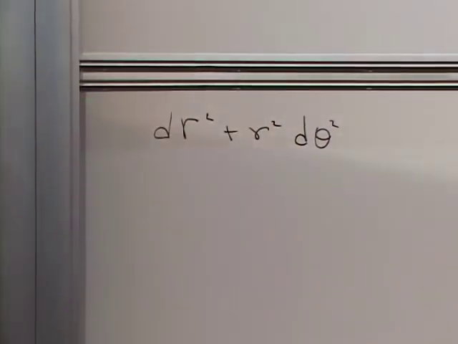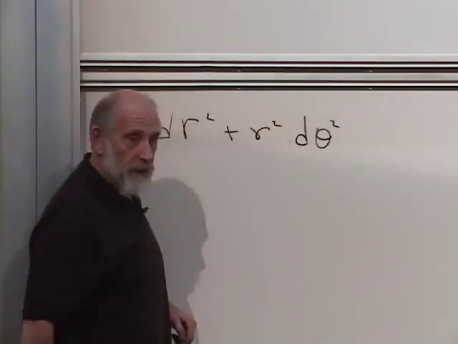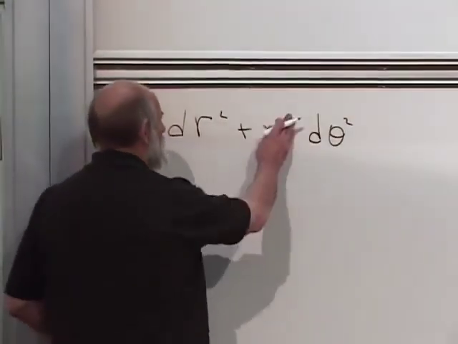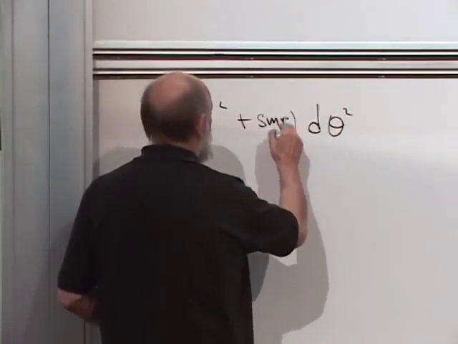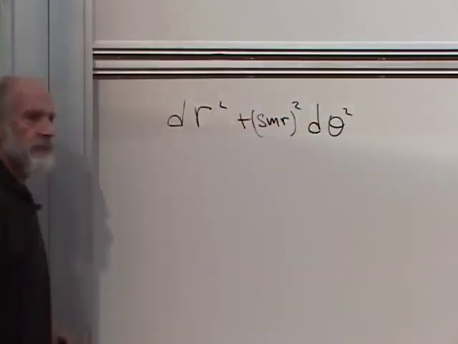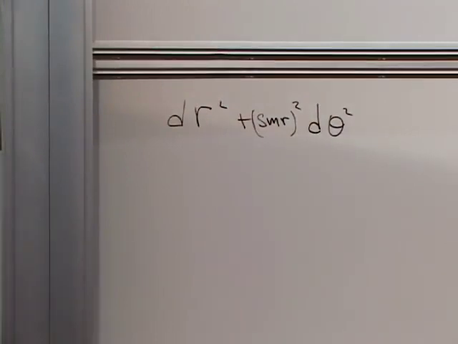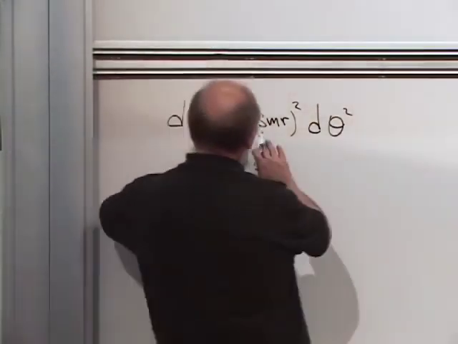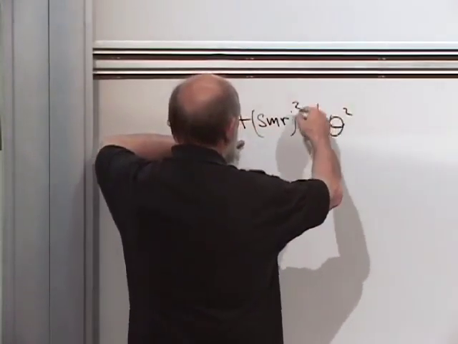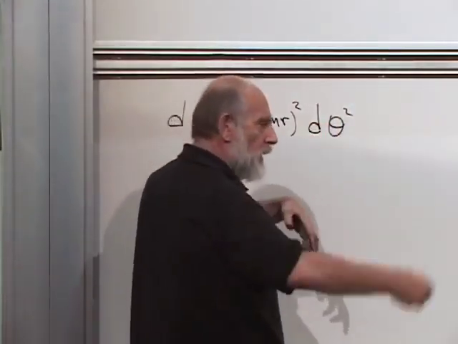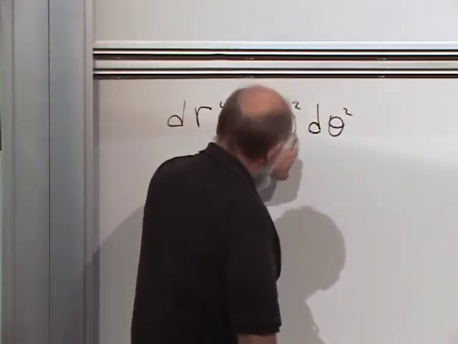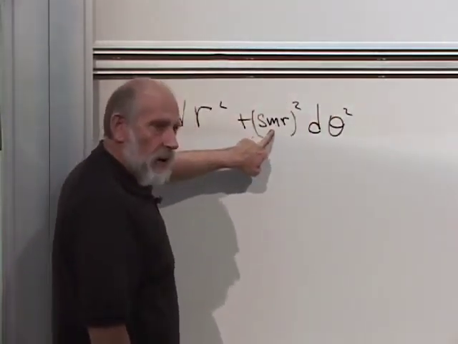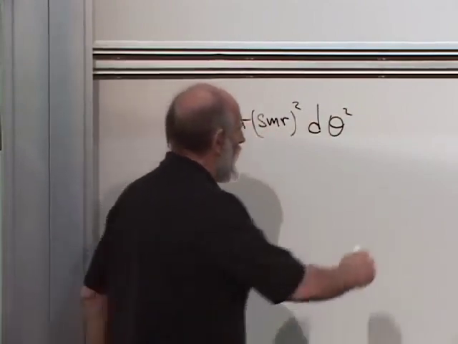But now, supposing instead of just r squared, I put some general function of r in. First, before putting a general function in, let's put in another specific function, sine of r squared. What is this space now? That's a sphere. The distance around the theta axis depends on r in a characteristic way.